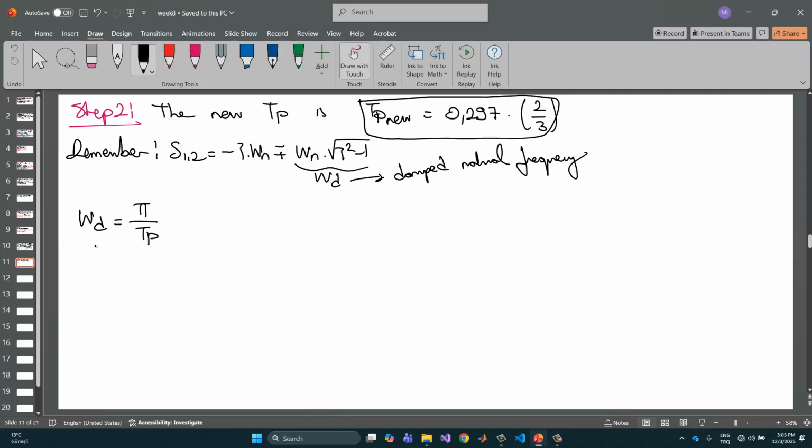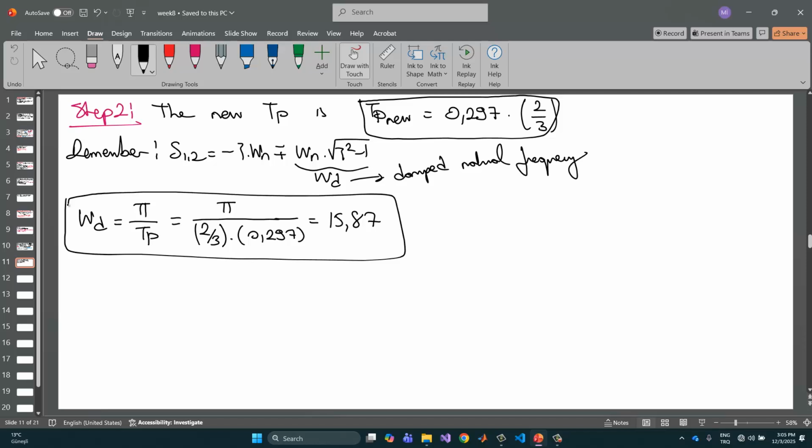This is derived from the previous lessons. Just remember that. Also, you have to use it in the midterm exam in order to characterize our time response. If we have this information, then what is the value of the Wd in here? Pi divided by 2 divided by 3 times 0.297, which is equal to 15.67.